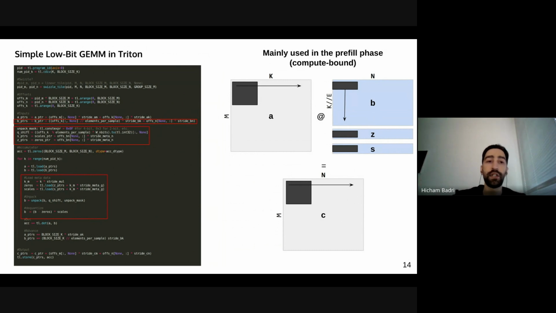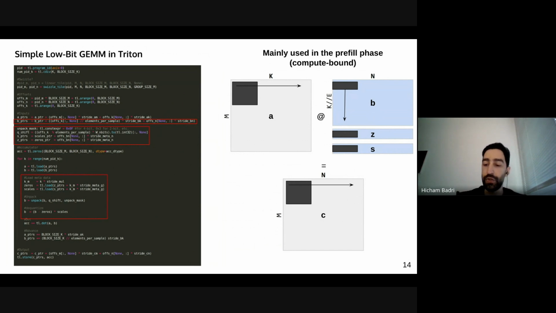There are different ways of doing it. My favorite way is just to play with these offsets. The way it works in Triton is that you build these offsets, which are indices of the rows. So offset k would be 0, 1, 2, 3, 4, 5, 6, 7, 8.